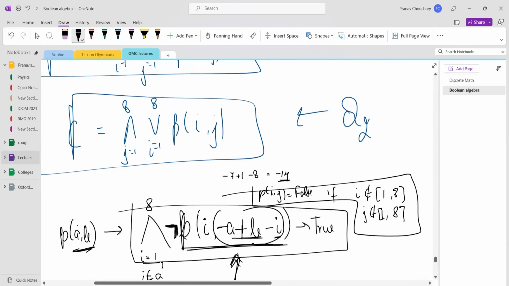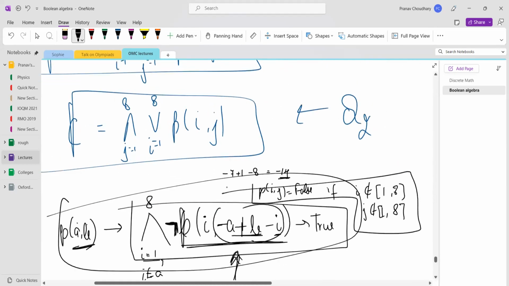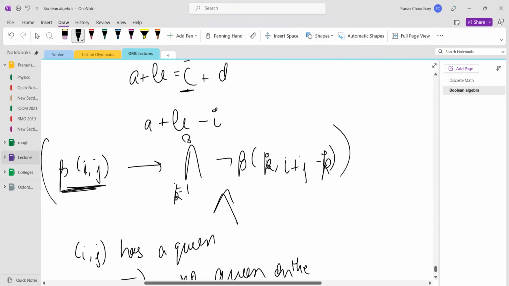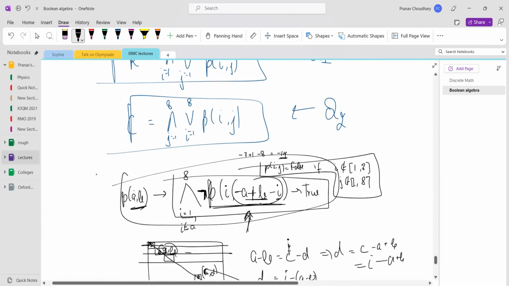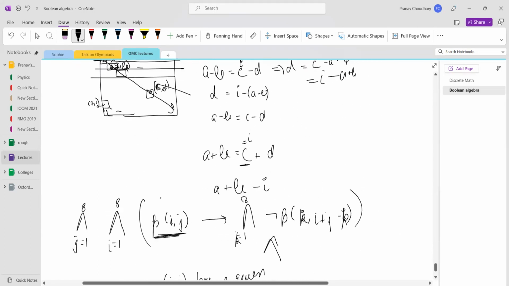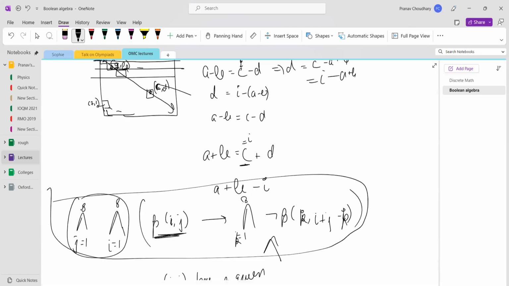Like this is one diagonal, the other diagonal was before. This is the other diagonal. So we check that there's no queen there. This thing is for one diagonal, and this is for the other diagonal. Do it for both the diagonals. This particular thing is for one diagonal. And this thing is iterating over all the cells in the grid. Is this now clear?